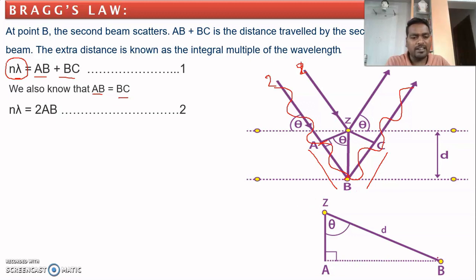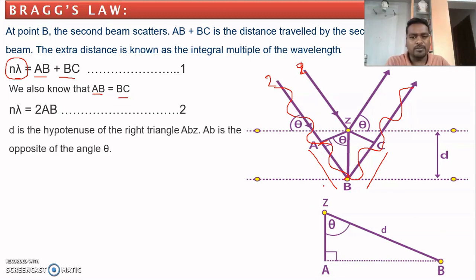Then let us consider the right angle triangle AZB. In that triangle, let us consider sine theta. You know sine theta is equal to opposite by hypotenuse. So here, what is the opposite? This is theta, so opposite to theta is AB, divided by the hypotenuse, which is ZB.